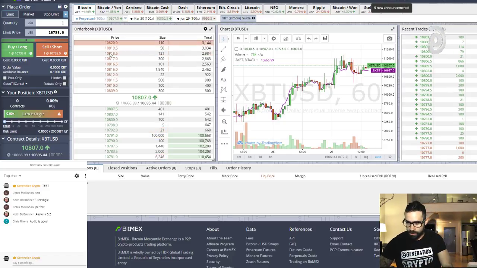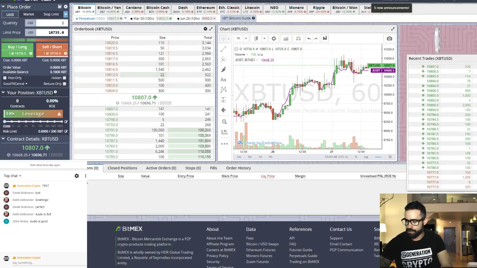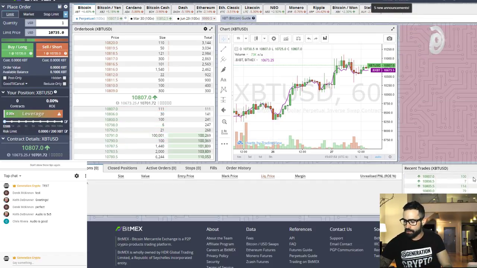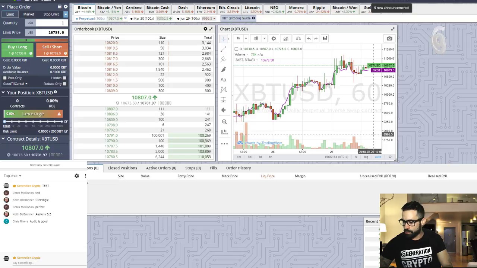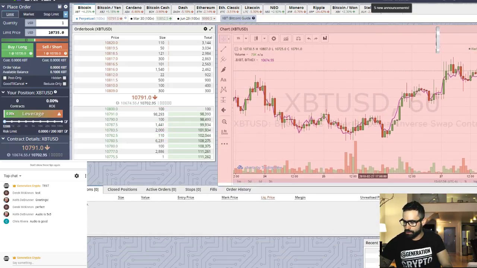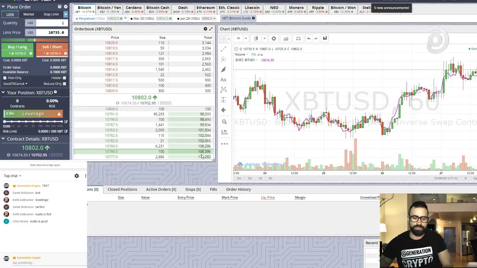So for starters, I really don't like the original layout. I don't like seeing the orders being displayed. I don't like seeing what's going on with that. So we're just gonna move that down and out of the way, and then I'm gonna make this bigger just so I can read my chart. That's where the juicy stuff is.